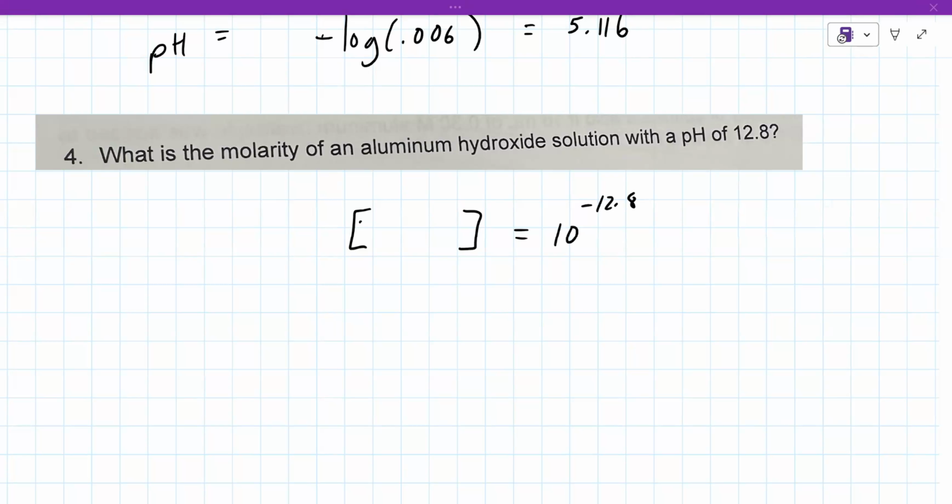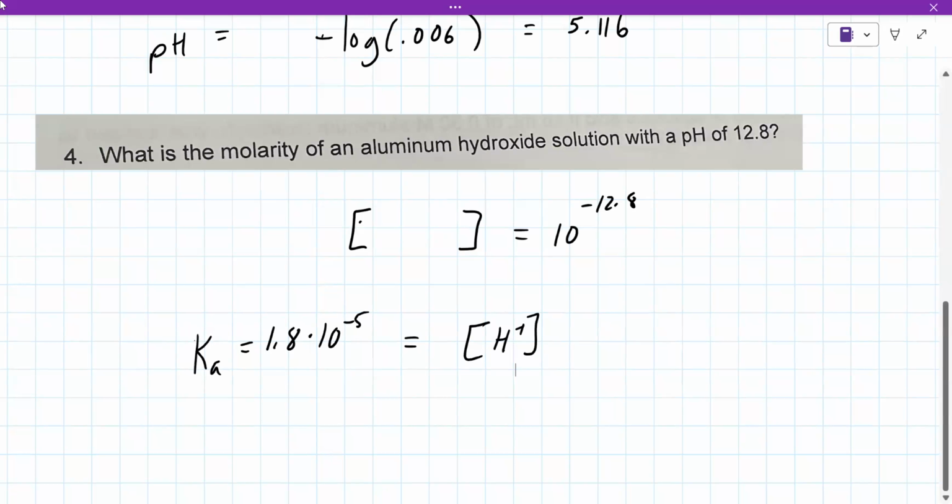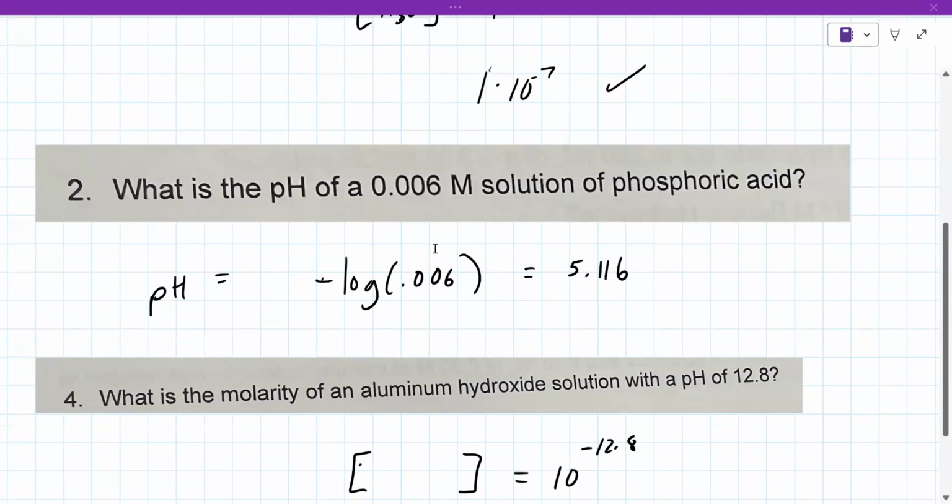There's this formula that I keep seeing, which is that Ka equals 1.8 times 10 to the minus 5. And it equals the concentration of, for example, H plus, over the reactants. That's where I keep wondering if we're missing something here. The minus log of this is not the right answer.